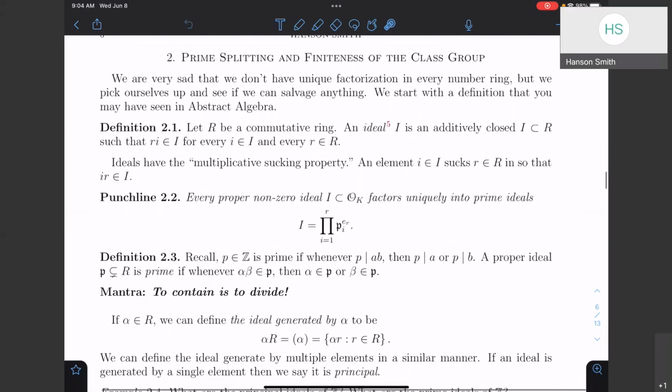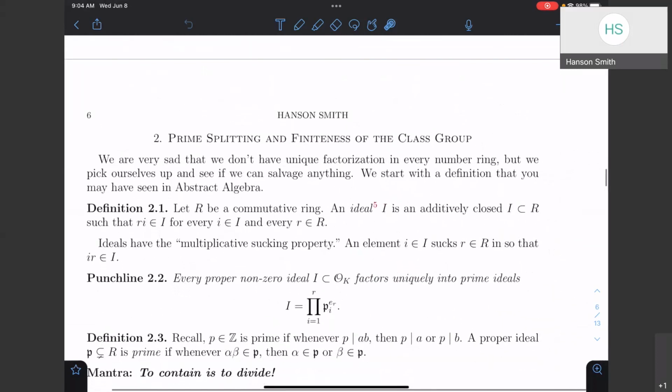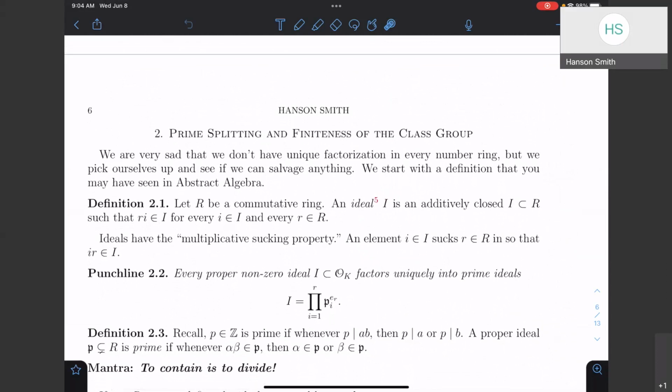Then we started talking about prime splitting and how we fix it. So we defined this notion of ideal, and this is a tough one, because if you haven't already known what an ideal is, it feels pretty rough to have this new notion thrust upon you. But the idea to keep in your back pocket is that it's just like honest-to-goodness numbers, except better.